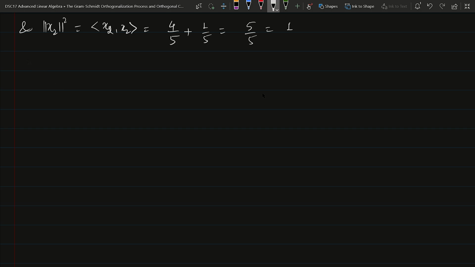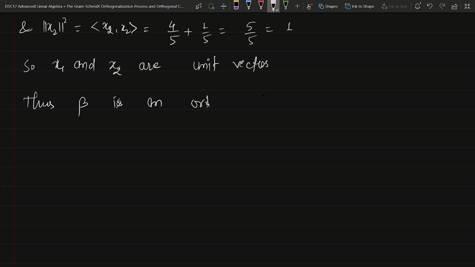Hence you can say x1 and x2 are unit vectors. Thus beta is an orthonormal set, or you can write subset of R square.